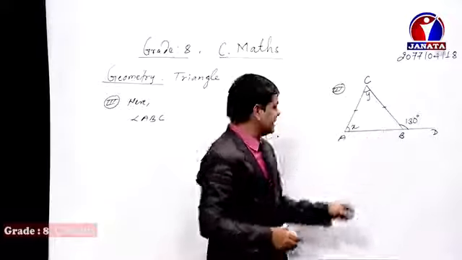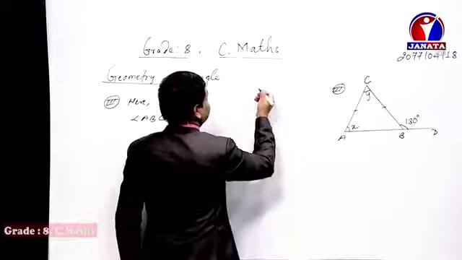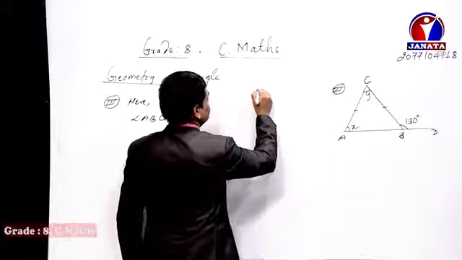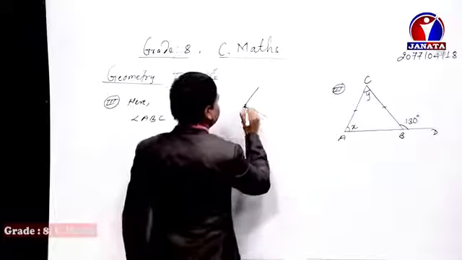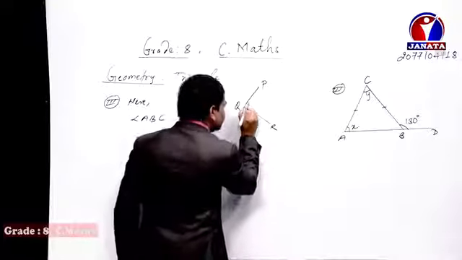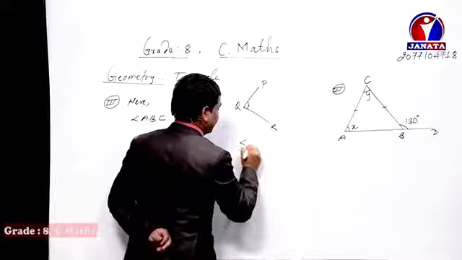Angle ABC. Whenever you need to write an angle using three letters, what you have to do, dear friend? For example, this is P, this one is Q, and this one is R. If you have to denote this angle, then you can write angle PQR.